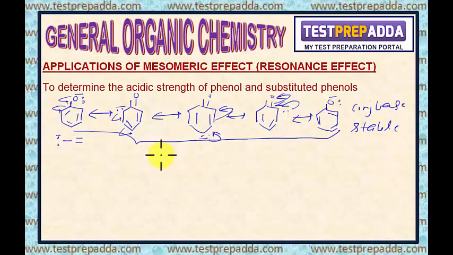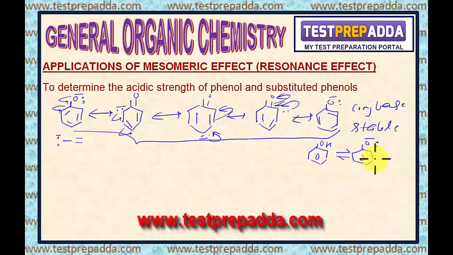But the question arises, if you compare phenol and phenoxide ion, we are saying that this phenoxide ion is resonance stabilized. That is why it is a weak base. That is why the parent phenol is acidic in nature.